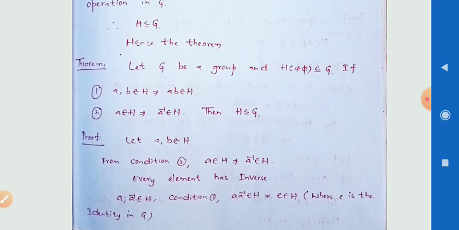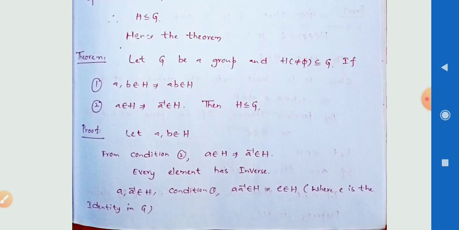Here I am taking a times a inverse belongs to H. By using condition 1, a times a inverse belongs to H, that a times a inverse becomes e, and e belongs to H, where e is the identity element in G. Here I have shown the identity property, and if I show the other property, that is associative, then it becomes a group.